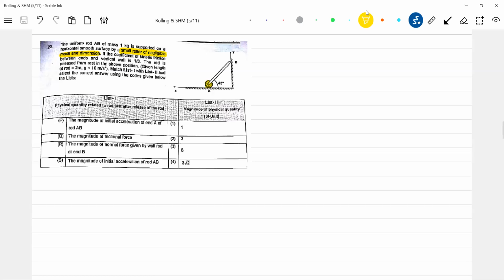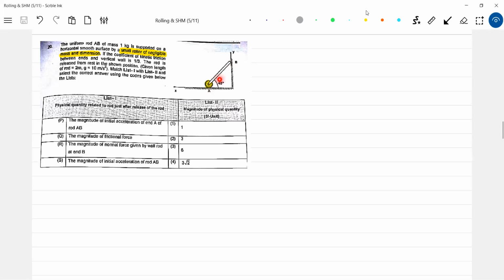It means that there won't be friction between this end and this particular surface. Smooth roller, small roller of negligible mass and dimension. You need not bother about this roller itself in the question.